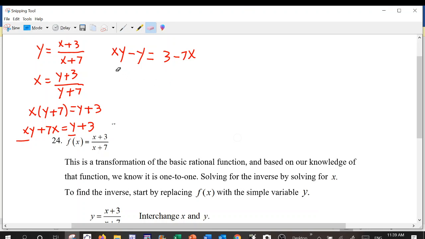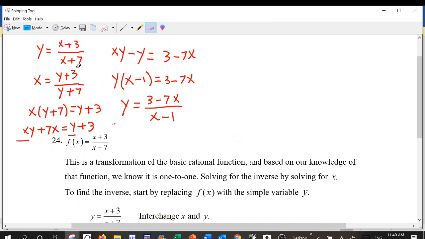Now, I have to factor the y out of here. So y times x minus 1, right? If I take the y out of here, I get x. Take the y here, you get 1. And now y equals 3 minus 7x over what? X minus 1, right?